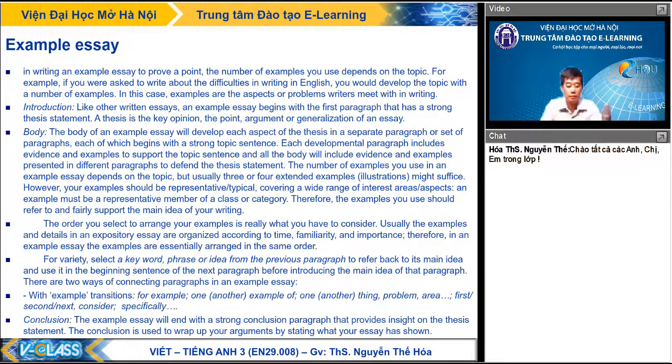The body of an essay will develop each aspect of the thesis in a separate paragraph or set of paragraphs. The number of paragraphs depends on the kind of idea, and for each kind of idea, you should try to carry it out with an example. Another way to say it is that you mention one example for each kind of idea.